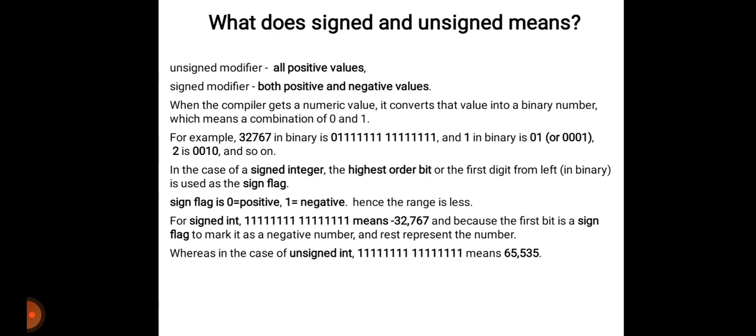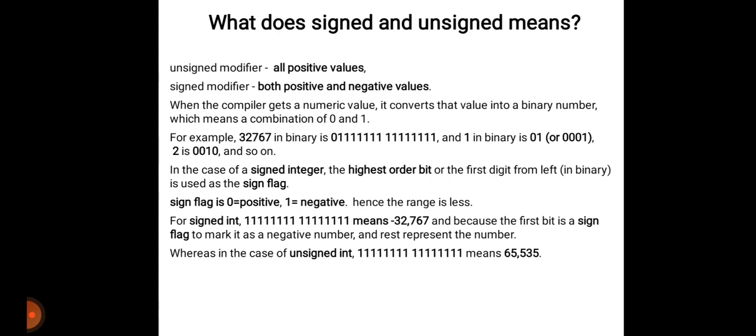Once again I repeat, in the case of a signed integer, the highest order bit, the first digit from the left side in binary, is used as the sign flag.